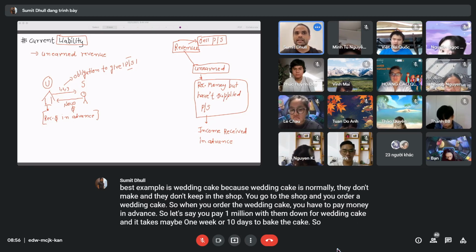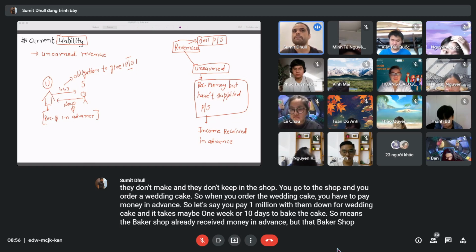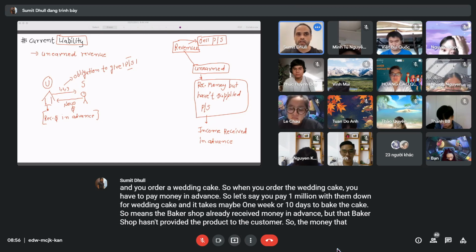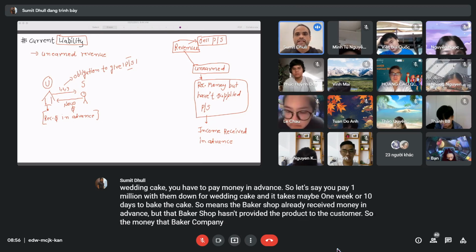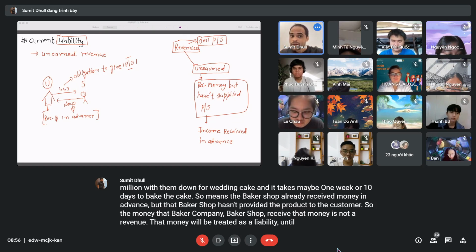So the baker shop already received money in advance, but the baker shop hasn't provided the product to the customer. So the money that the baker shop receives is not revenue. That money will be treated as a liability until you provide the product to the customer.